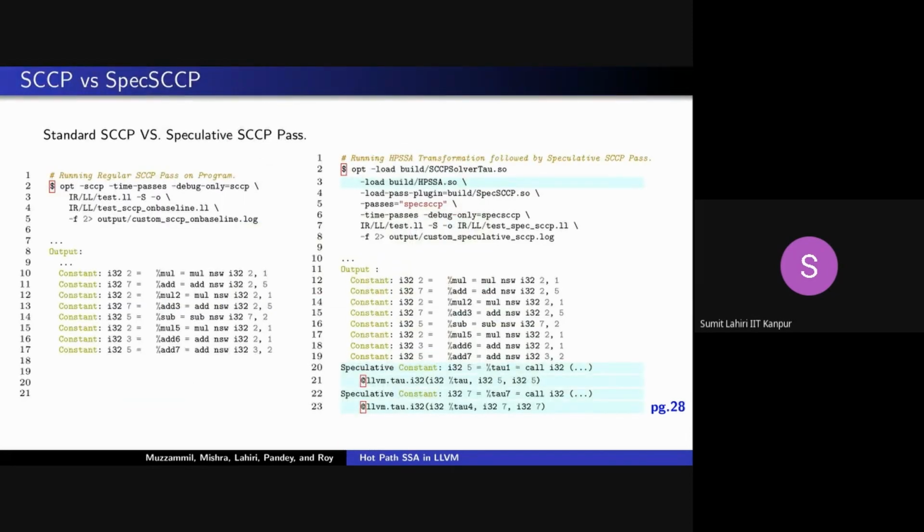In the standard SSCP pass, if we use LLVM's opt tool to run SSCP on some given LLVM IR, it gives this as the output, where the constants are the ones shown on the left. But if we first transform the program into HPSSA form instead of SSA form, and then use the speculative version of SSCP, we are also able to identify these two constants.